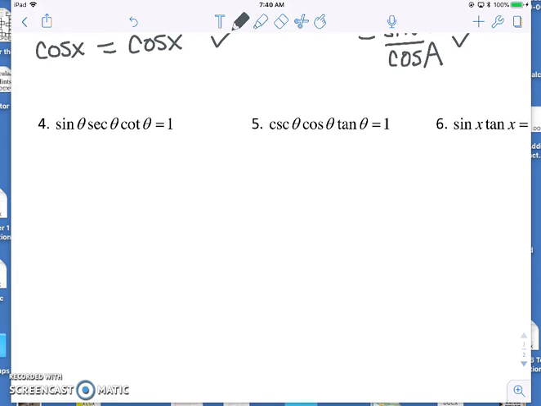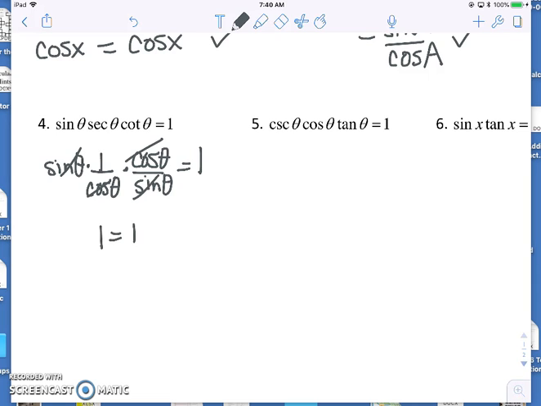The fourth one, let's keep rewriting here. Sine of theta, 1 over the cosine of theta, times the cotangent, cosine of theta over sine of theta, equals 1. Cosine, cosine, sine, sine, so we're left with 1 equals 1.